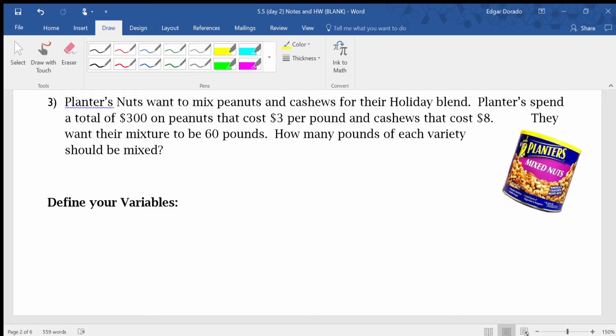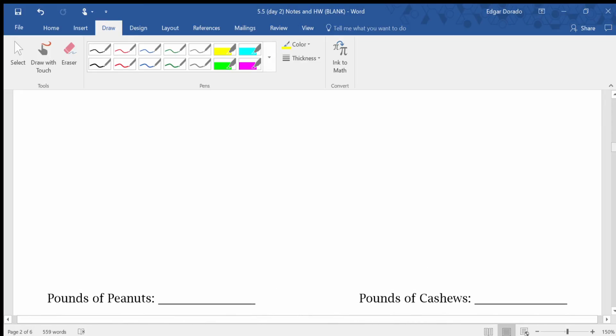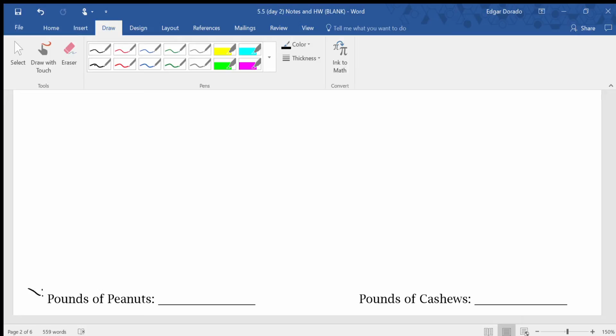Okay, they wanted their mixture to be 60 pounds. How many pounds of each variety should be mixed? Okay, so we can actually start seeing down here already that what we're going to be talking about are our x and our y.